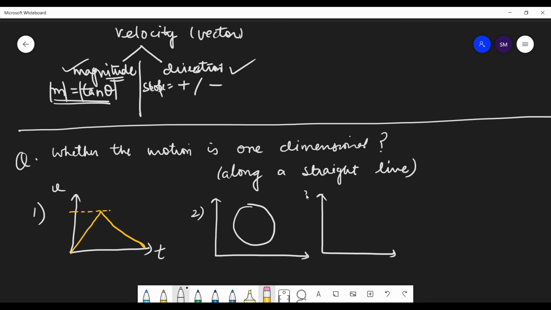Third graph. All are velocity time graphs. This is the fourth graph. Tell me which of these graphs tells you one dimensional motion. 1, 2, 3, 4.